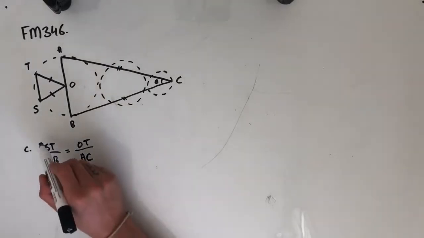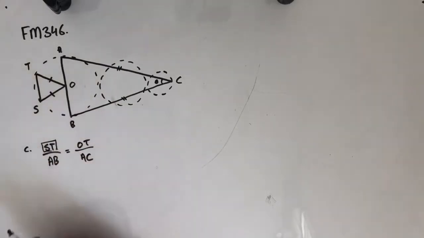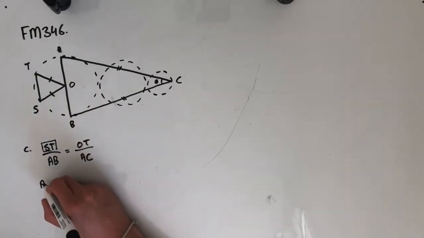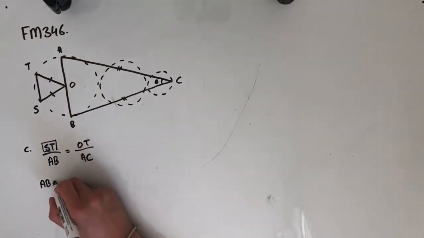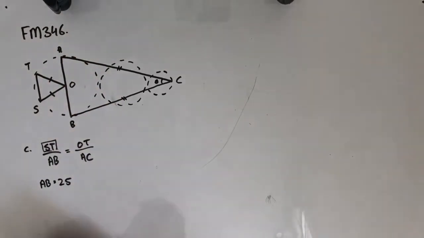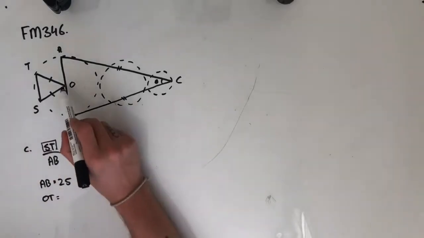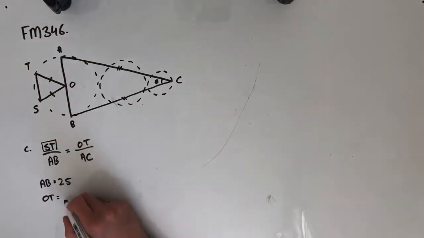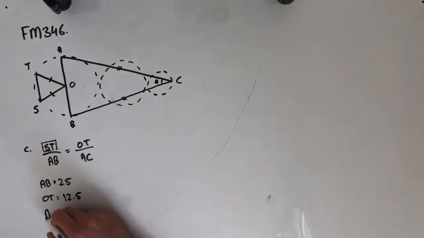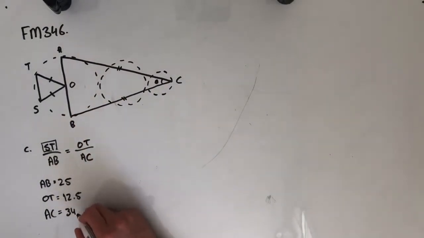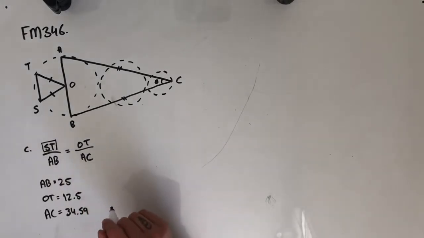So since ST is the value that I'm looking to solve for, I'm going to need to find the values of these others. So I know that AB, that length there, is going to be 25 centimeters. We're told that right at the start of this entire question. I know that OT is going to be half that value because it's the radius of this circle, so it's going to be 25 over 2, which is 12.5 centimeters. And I know that AC is 34.59 centimeters because we were told to show that earlier in this question.